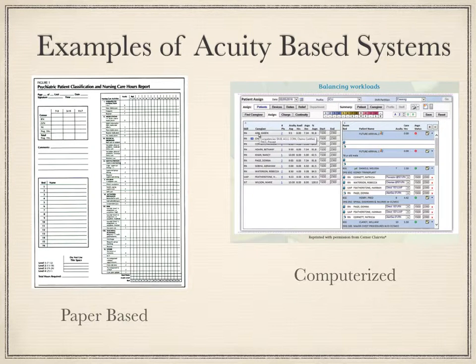Examples of acuity-based staffing systems. The first example is a paper-based acuity system that requires a nurse to provide subjective information about a patient based on their personal experience and observations. This system does not take into account any information such as patient lab results, diagnosis, vital signs, and projected stability of the patient's condition.